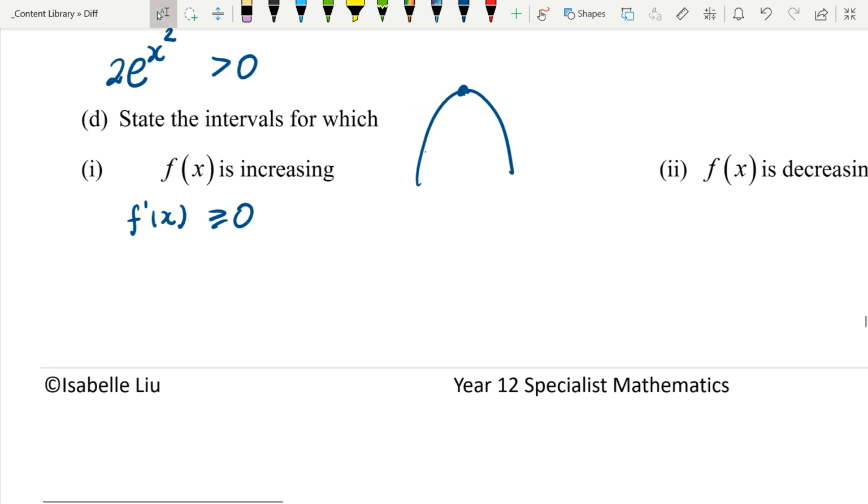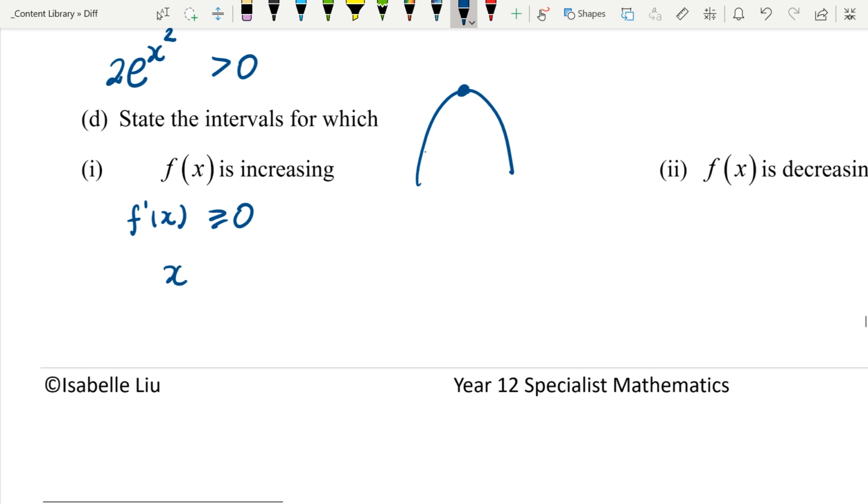Okay, so first derivative greater than or equal to 0, because remember when we say which part of the graph is an increasing function, we do include the turning point. Then from the turning point to infinity is a decreasing function. So the turning point is included in both the increasing and decreasing parts. That's something we learned in methods last year. So first derivative greater than or equal to 0 will be the increasing function.